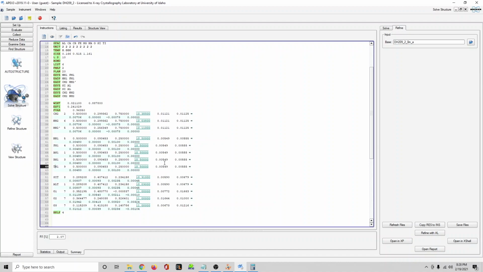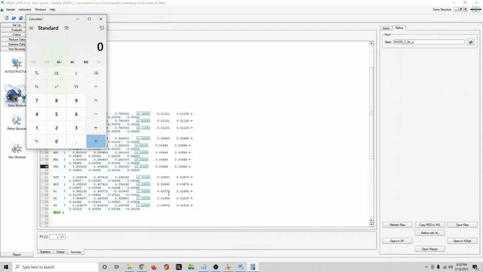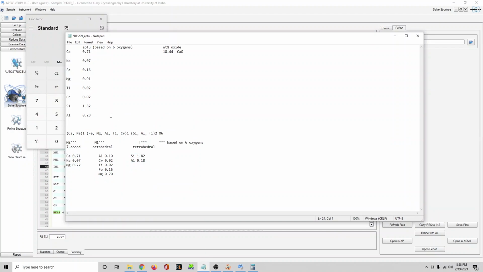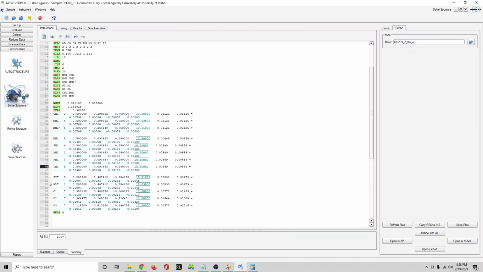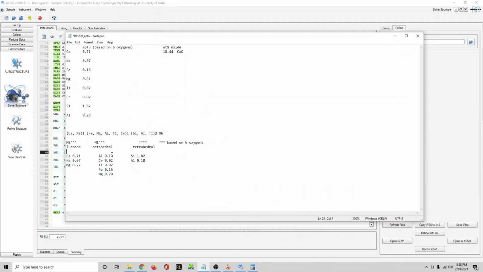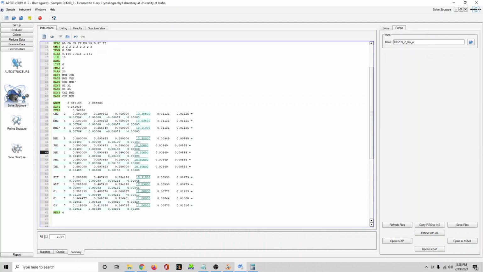So this one's out of 0.5. So magnesium is going to be the first one, which is going to be 0.7 times 0.5, which is 0.35. Iron, 0.16 is 0.08.